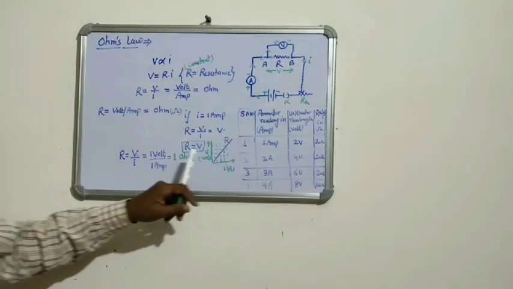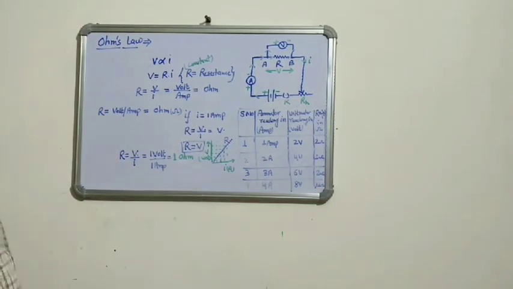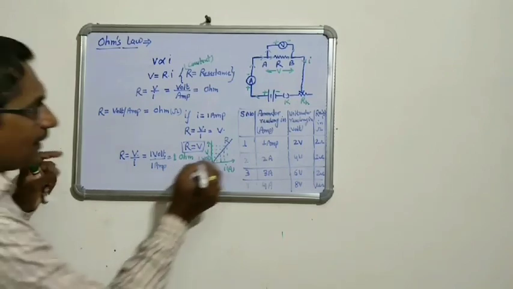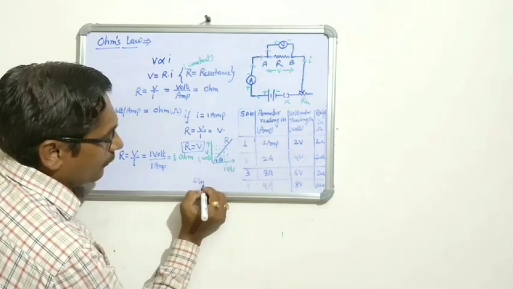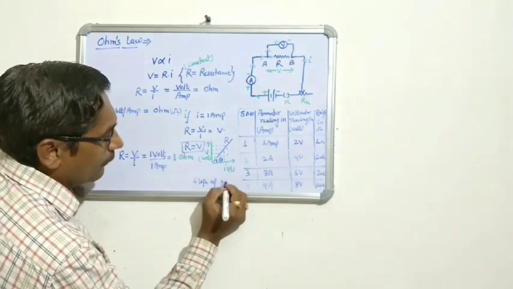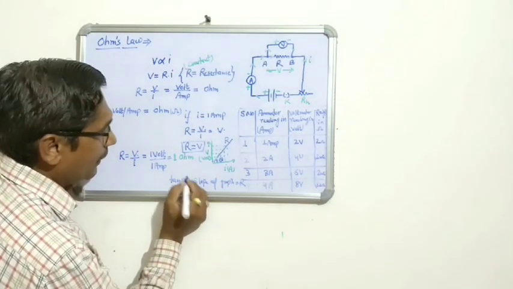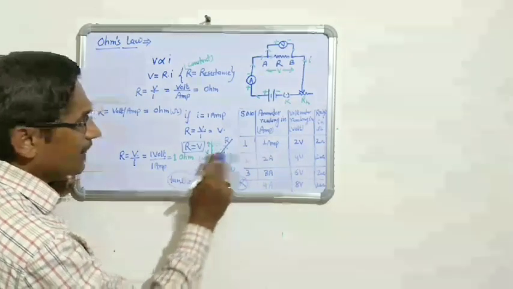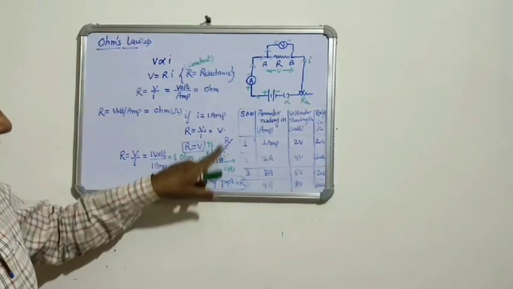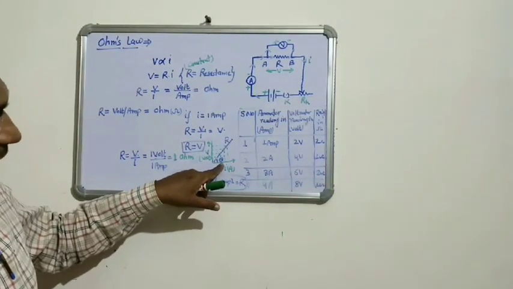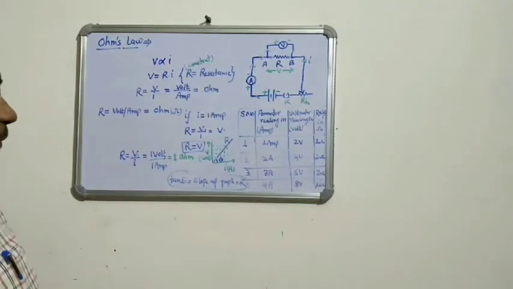So in this graph between V and I, the line is straight, and a straight line shows the constant value. And this angle is theta. So the slope of the graph equals R. Slope is known as tan theta. According to the experiment, we can plot the graph and measure this angle theta, and the value of tan theta is equal to the resistance. This is called the slope of the graph.